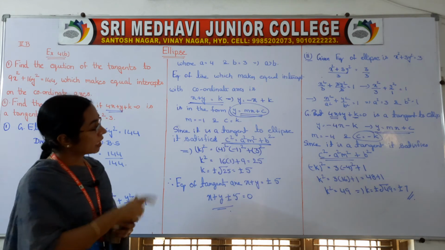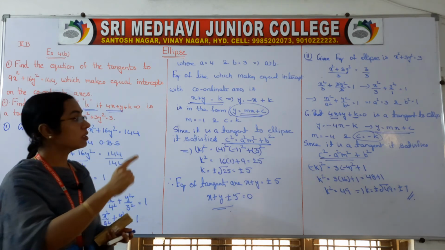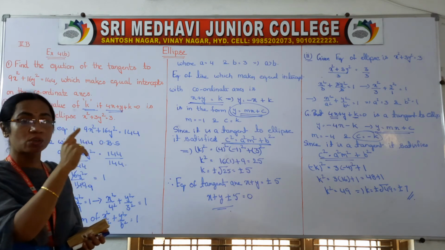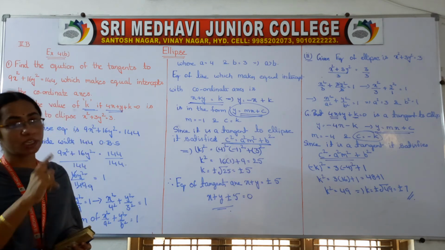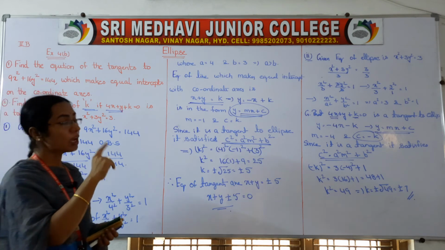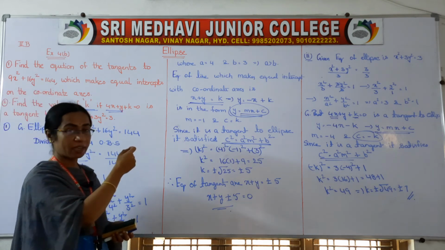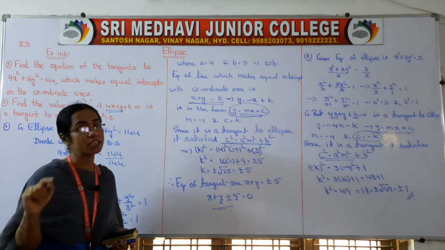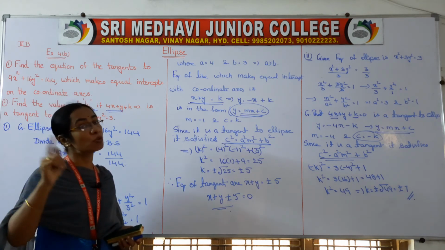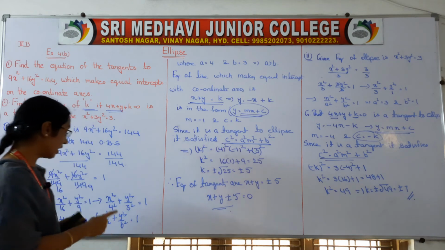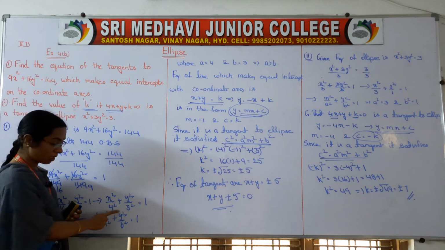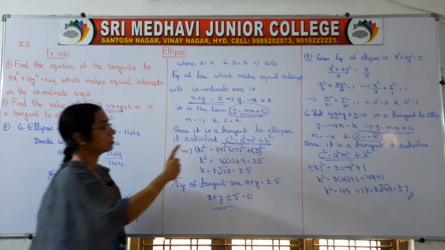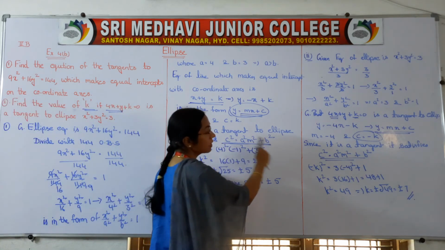Okay. So, that is why in two problems we reduced the tangent equation in the form of y is equal to mx plus c. First we reduced it to y is equal to mx plus c, we got our m value, c value. So, the condition for the line y is equal to mx plus c to be a tangent to the ellipse x square by a square plus y square by b square is equal to 1 is c square is equal to a square m square plus b square.